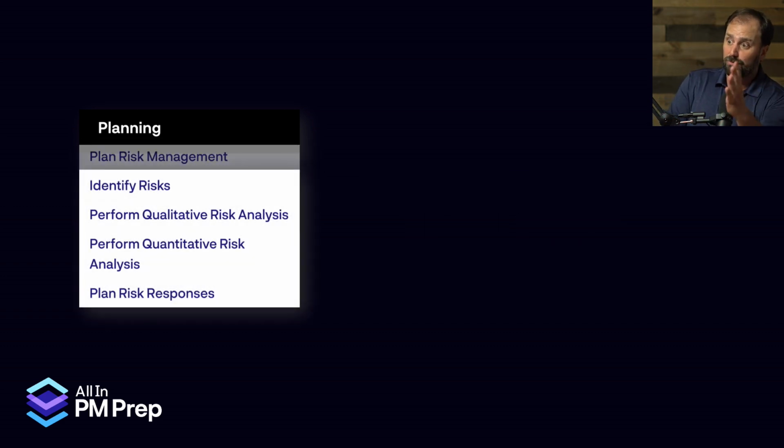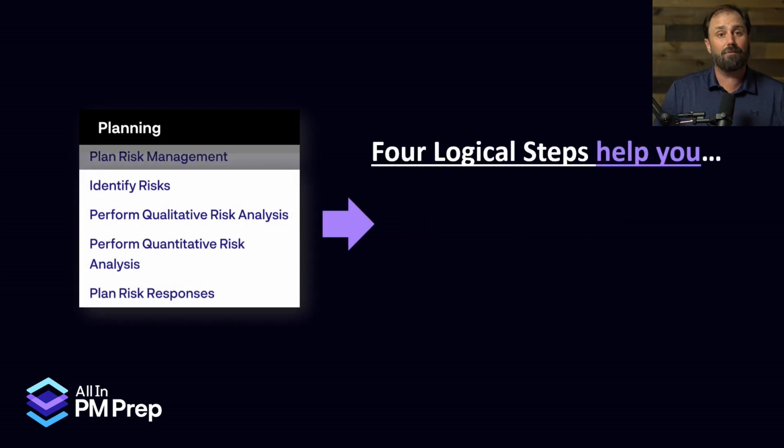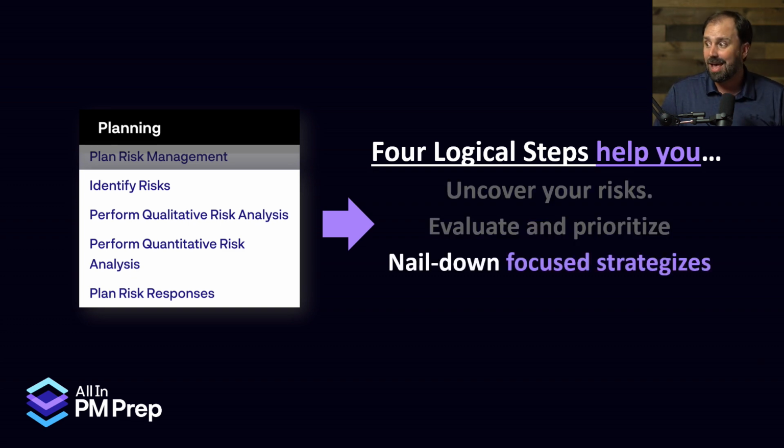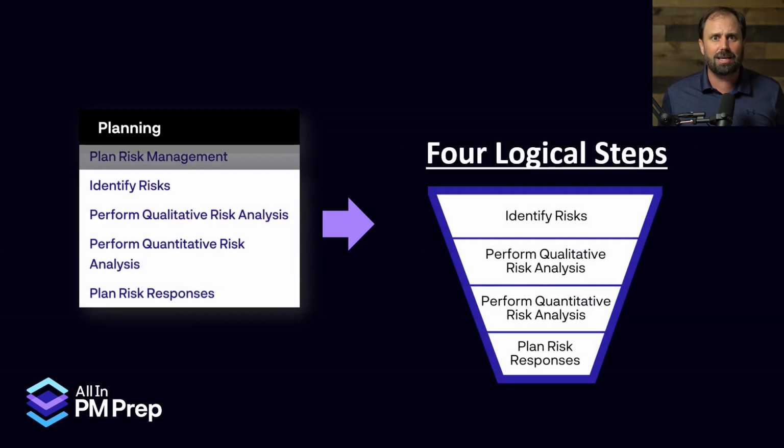Now, the other 4 processes, these are 4 logical steps that help you uncover your risks, evaluate and prioritize them, and nail down those focused risk response plans to attack the big, meaty risks and opportunities. Now, I think about these 4 steps as a funnel, big at the top, little at the bottom, really going to help you out.